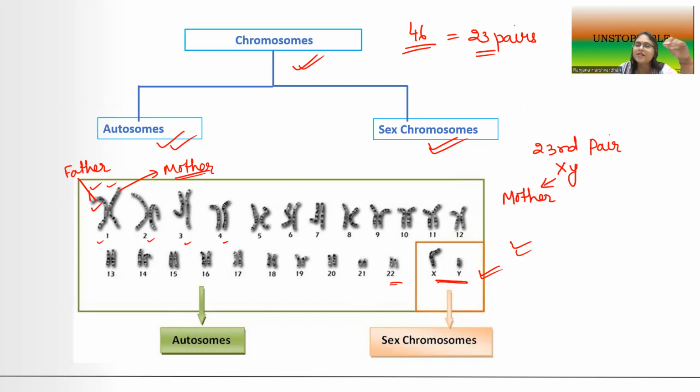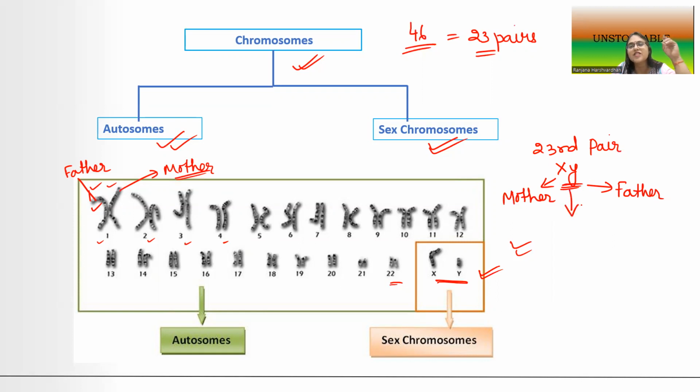Because females or mothers have X and X chromosomes, and the father has X and Y chromosomes. So this particular individual who has one part of the 23rd pair as the Y chromosome, that Y chromosome must certainly be coming from the father. So together they form the 23rd pair as X and Y.